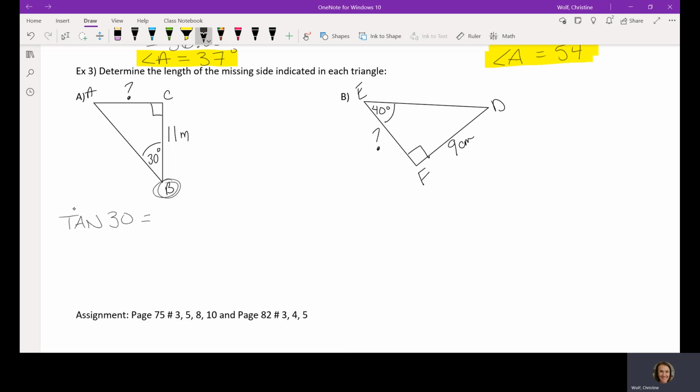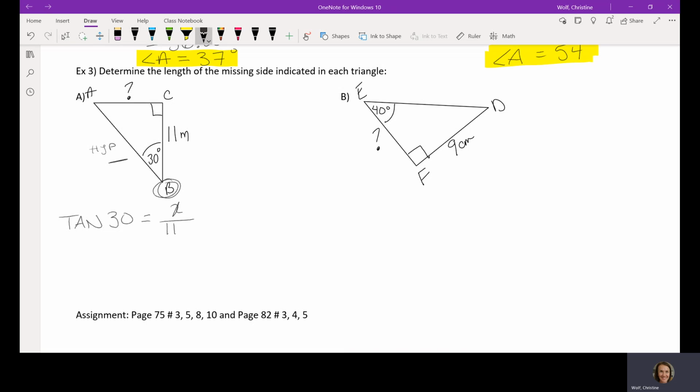Opposite is my unknown, and we usually indicate unknown by X. I'm trying to solve for X. Then underneath would be the side that's adjacent to 30, which is the 11. I know this side is also technically adjacent to 30, but that's the hypotenuse, so we don't want to use it, and we don't even know what that number is, so it wouldn't help us anyway. There's the adjacent side.